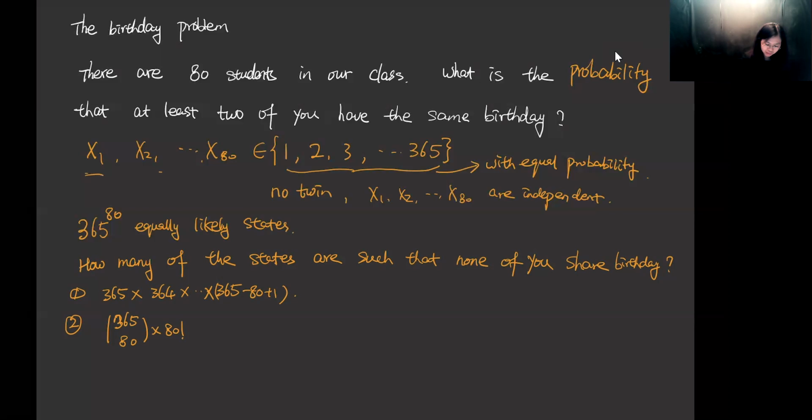And what is the probability that none share a birthday? That would be the number of states consistent with this statement divided by the number of all possible states, consistent or not consistent with the statement.